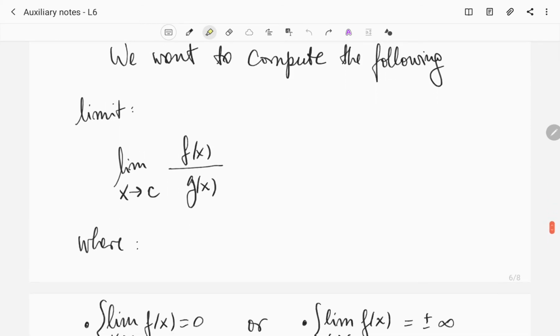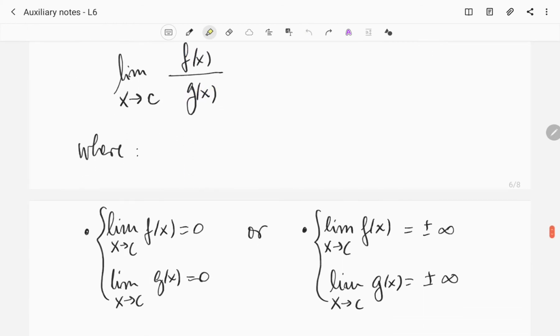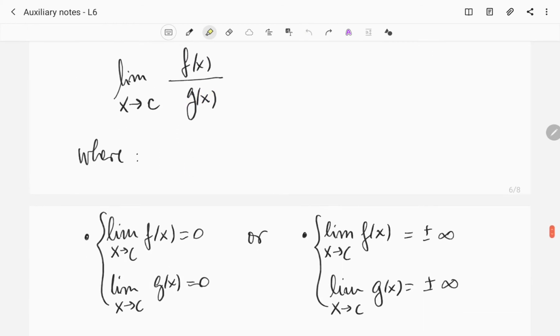And we have some assumptions on these functions f and g. Both of them go to 0, like they verify these assumptions: when we take the limit of x going to c of f, we get 0, and of g we get 0.